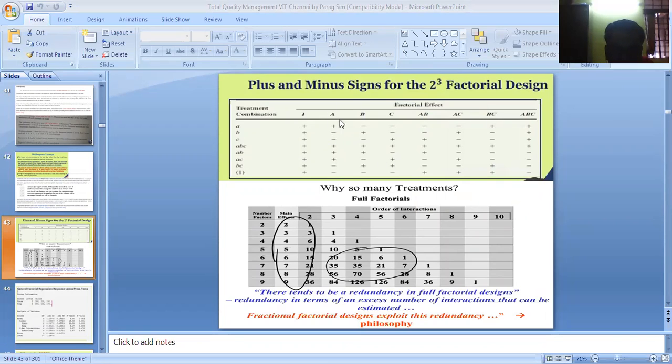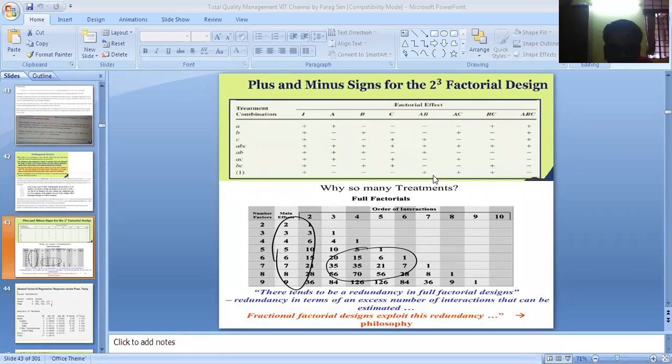For example, you notice the column of A, it will not match with any other column. If you notice the column of B, it will not match with any other column. Why is this happening, why are all these columns different from each other?